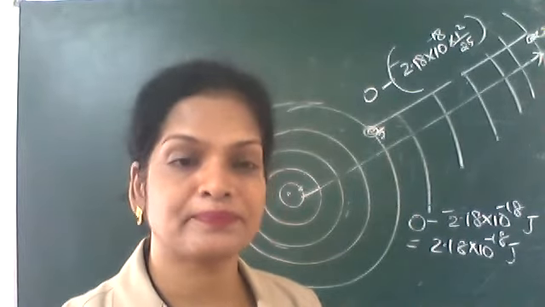First one, this is to ionize a hydrogen atom when the electron is present on the fifth orbit. Second underlining, ionization energy of hydrogen atom. I explained what is ionization energy of hydrogen atom: from the ground state, from n equal to 1 to infinity. That is what is meant by ionization energy of hydrogen atom.